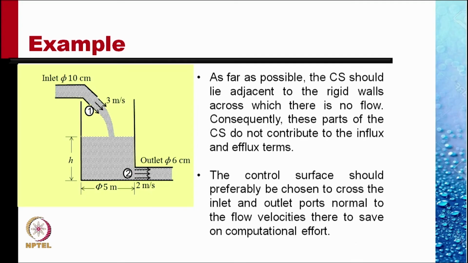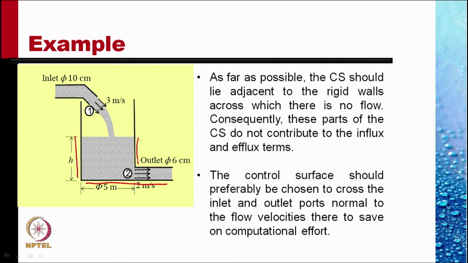like the portions here, here, and here. Why? Because they are adjacent to rigid walls, and so there is no flow across these parts of the control surface.